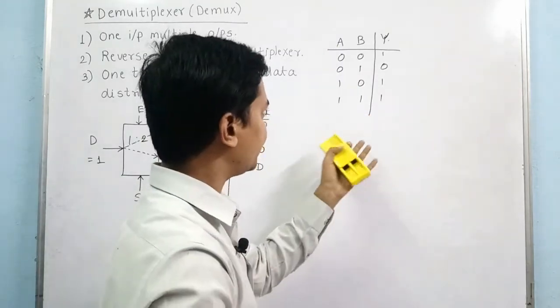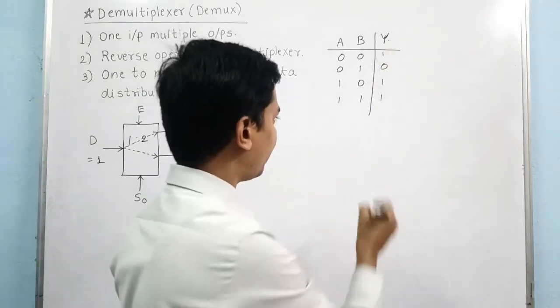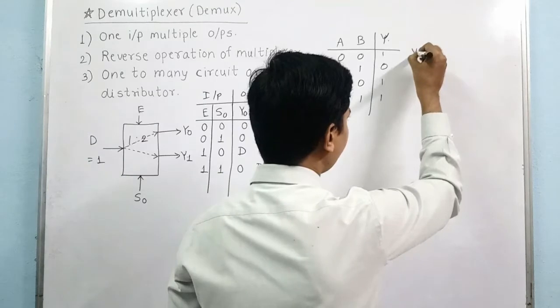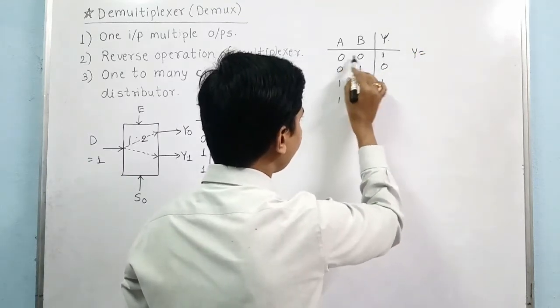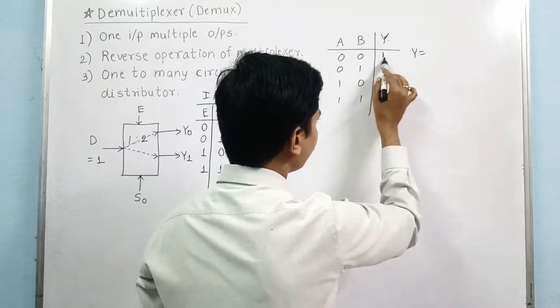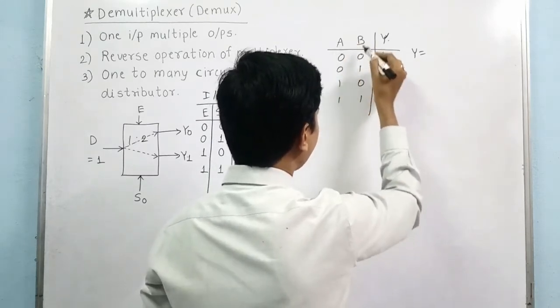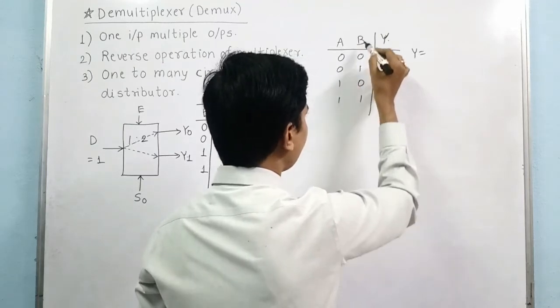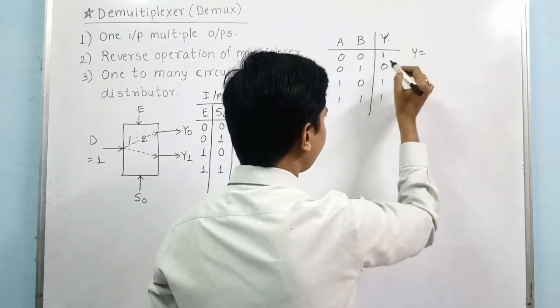So how do we write the equation for the Y signal? Y is equal to the product of all the inputs and this output. Here 0 is replaced with the complemented variable and 1 is replaced with the normal variable, and the output is replaced with 1 or 0 directly.